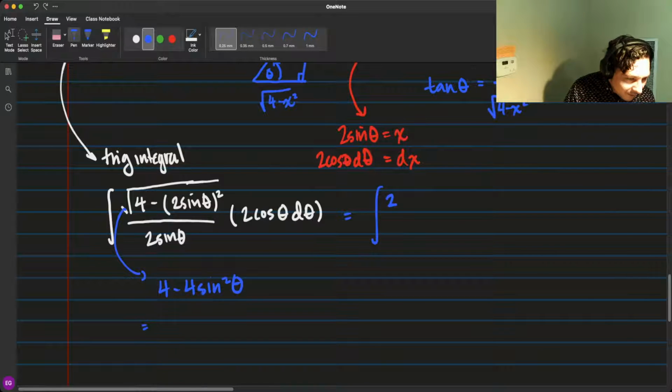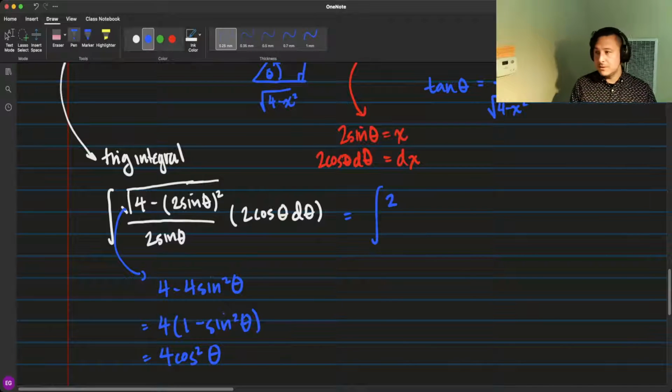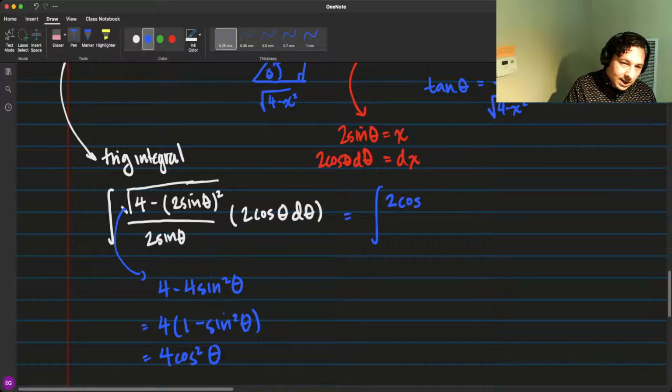When I factor out the 4, I'm going to get 4 times 1 minus sine squared theta. Then we recognize that this is going to be 4 times cosine squared theta, inside the square root. So when you take the square root of that, the square root of 4 is going to give you 2. And then what's the square root of cosine squared? Cosine theta.